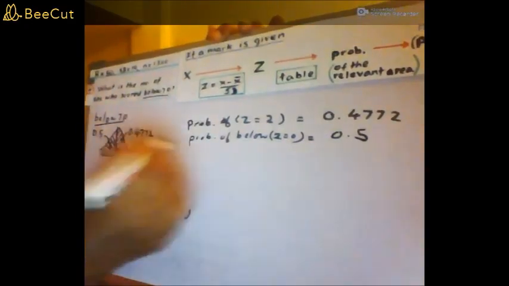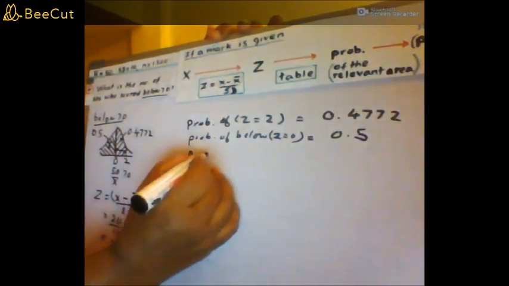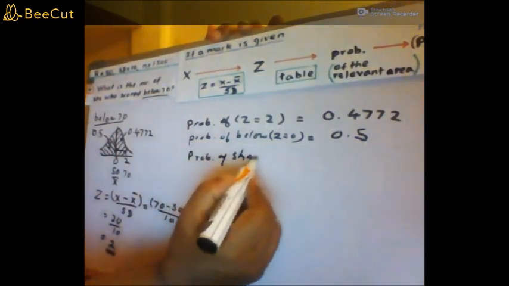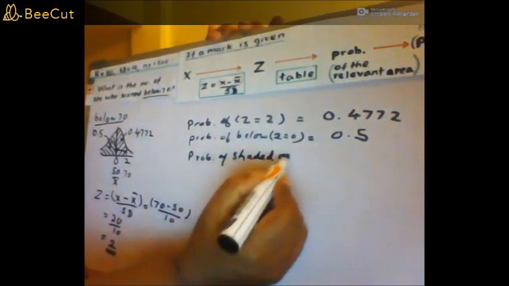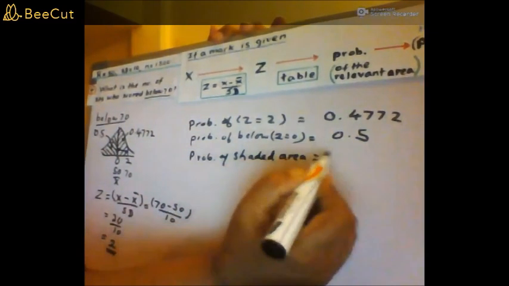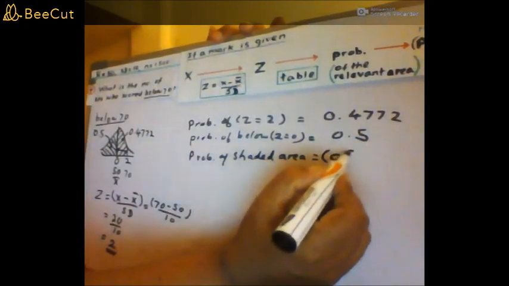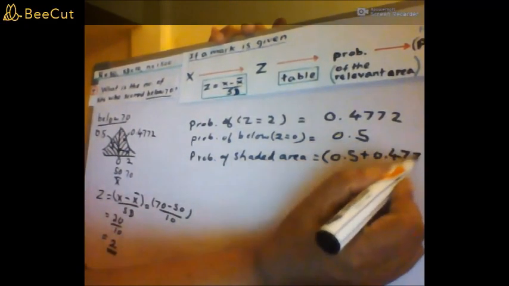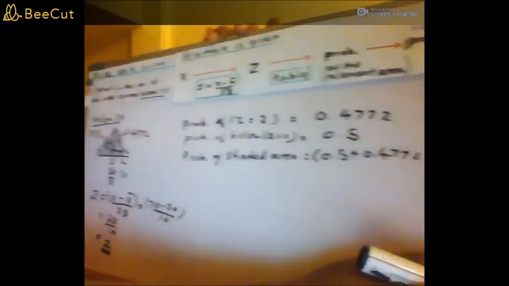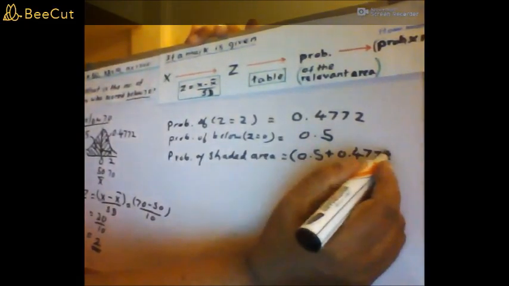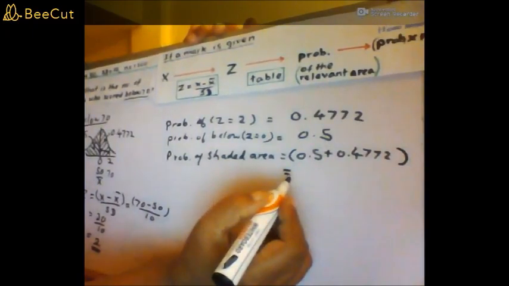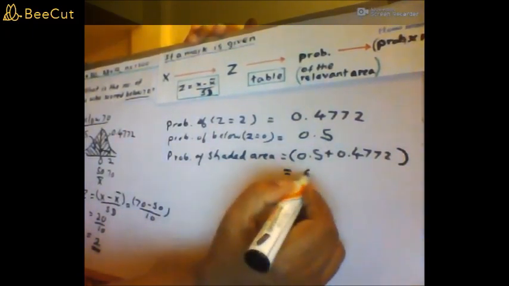Then the probability of the shaded area is 0.5 plus 0.4772, that is 0.9772.